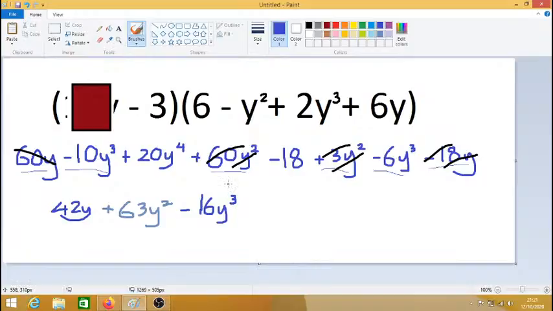And if you manage to spot a mistake while I'm doing this, feel free to type it into the chat window. And then the final two can just go on at the end. No simplifying needed for the power of 4. And then take away the 18.